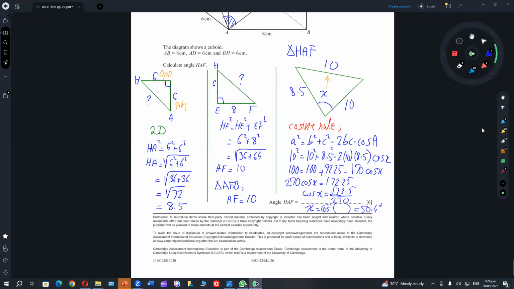So compare this answer. Now see this working.